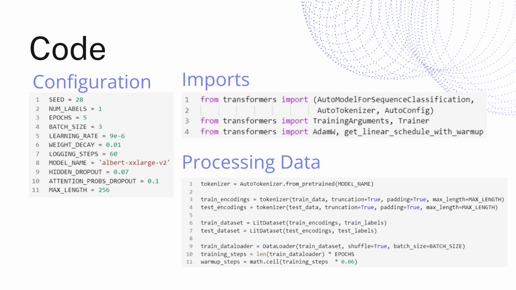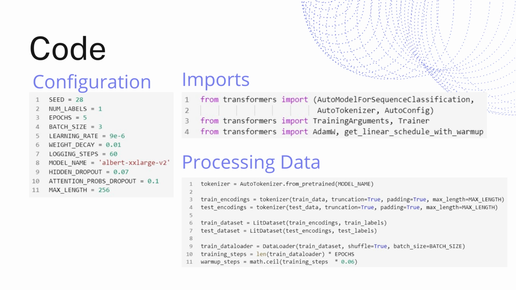Actually, a lot of the other top solutions set the hidden dropout and attention probs dropout to 0. It turns out that dropout isn't optimal for regression problems, so it actually worsens the performance. In our solution also, these values are quite low, if you notice. Then we set the max length to 256.